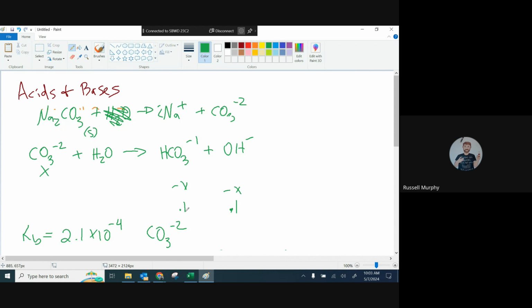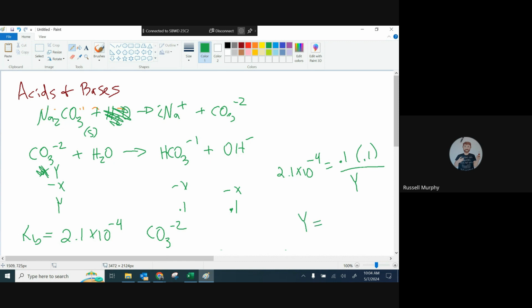Let's call the carbonate Y. It's Y minus x, and we can assume that x is so small that this is still Y. 2.1 times 10 to the minus 4 would be equal to 0.1 times 0.1 over Y, since x is less than 5%, so we ignore that. Then we just cross multiply and solve for Y.